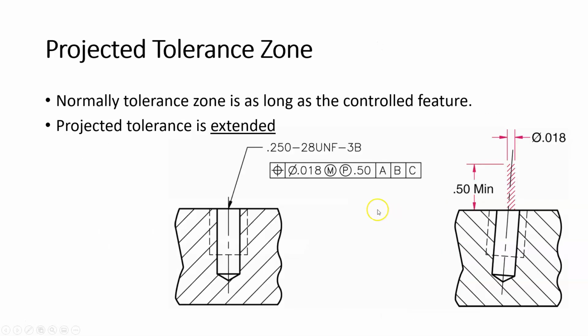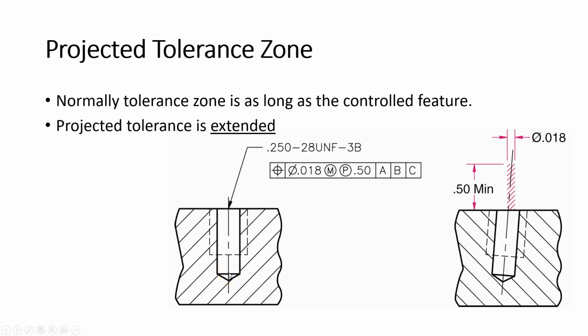All right. So moving along, and I'm going to do an example of this. Projected tolerance zone is very useful. This is where we can take our tolerance zone, which normally extends only through the length of the feature. So in this case, this tolerance zone, 0.018, if we didn't have the projected tolerance, the circle P, forget the circle P right now, the 0.018 tolerance zone would only be as long as this hole is right there.